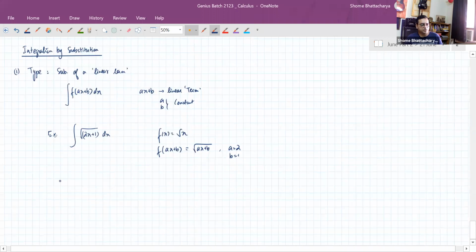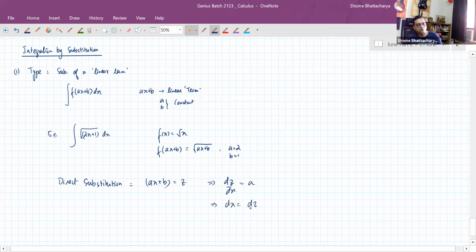So in this we do a direct substitution. ax plus b is substituted as z. So therefore dz by dx is equal to a. Therefore dx is equal to dz by a.